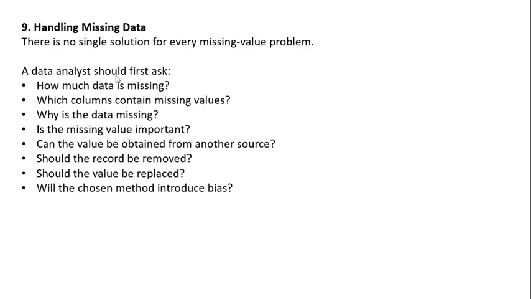Data analysts should first ask how much data is missing, and which columns contain the missing values, and why the data is missing, whether the missing values are important, and can the values be obtained from other sources, should the record be removed, should the values be replaced, and will choosing the method introduce bias.